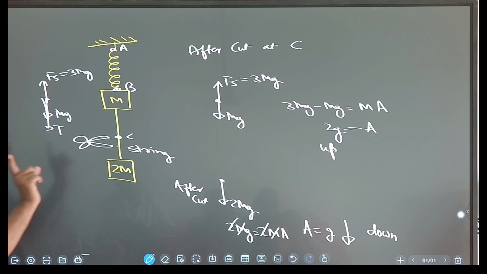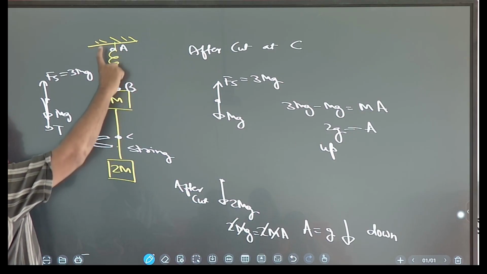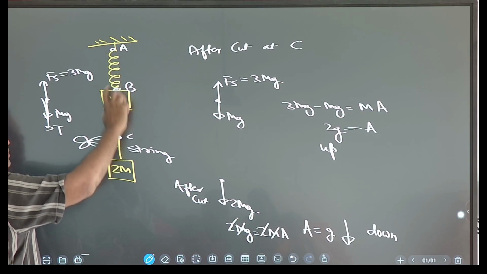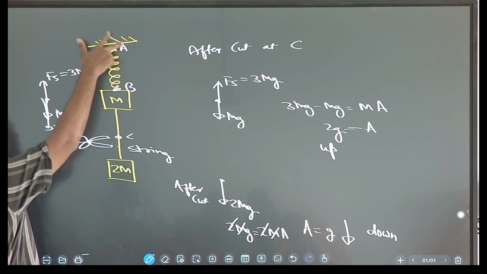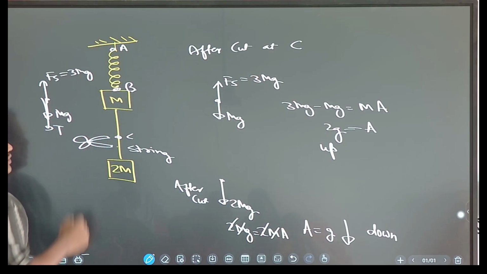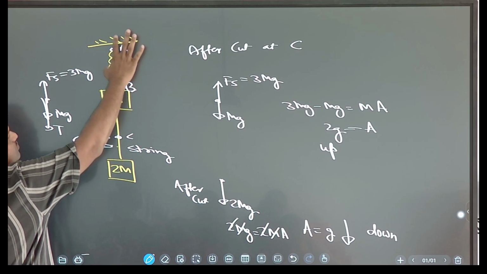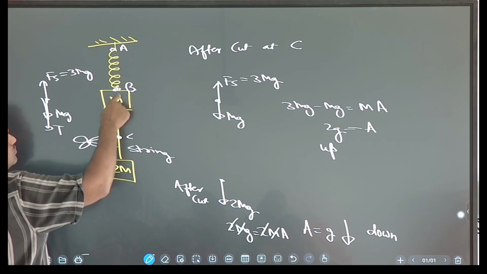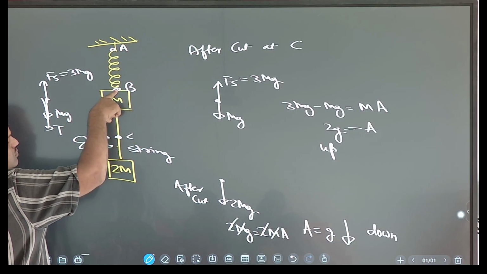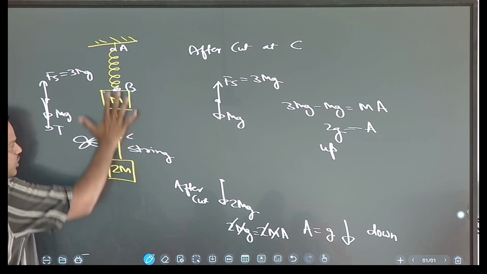Okay, so in this type of question, you will have spring, string. You may cut here, you may cut here, you may cut here. Okay, 3 cases. If you cut here, acceleration will be 0. If you cut here, free fall, both will fall freely.